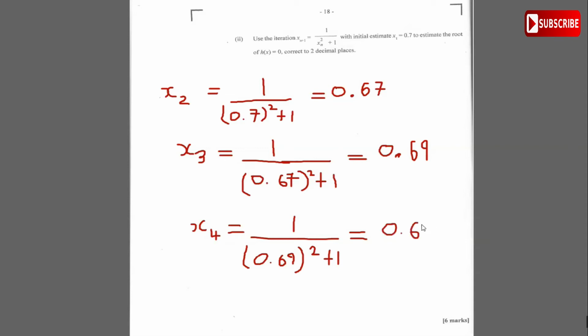So now I get 0.68. Let's try it again, doing it one more time. x5 would be equal to 1 over 0.68 squared plus 1.